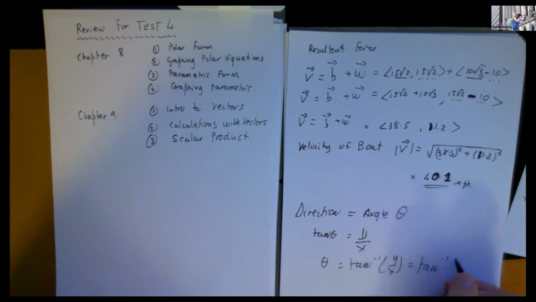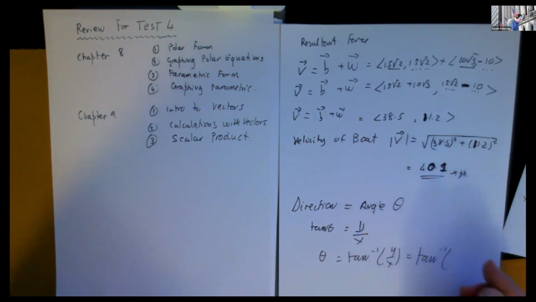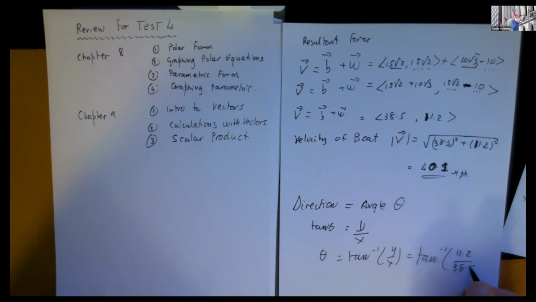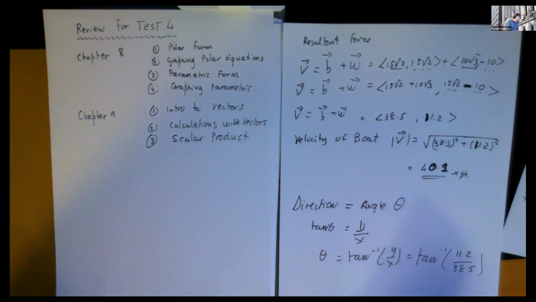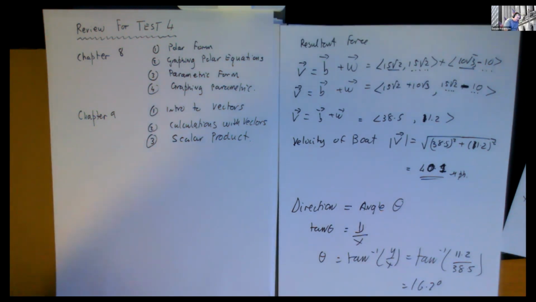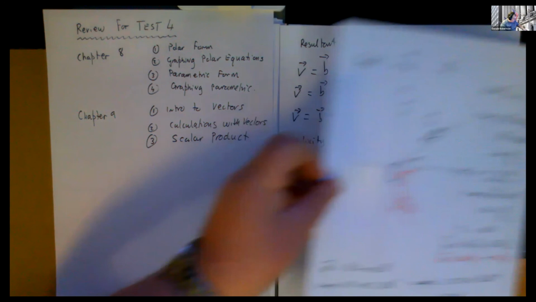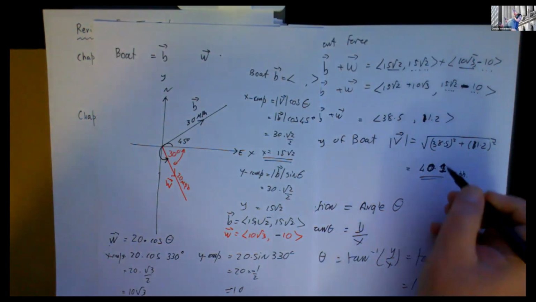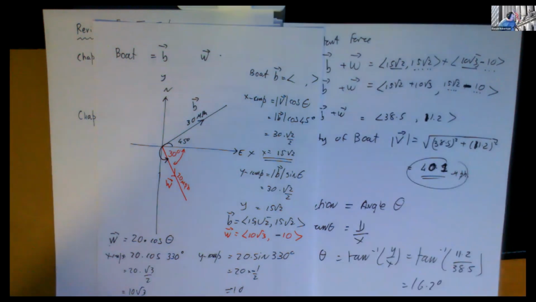So it's the inverse tangent of 11.2 over 38.5, and the inverse tan of 11.2 divided by 38.5 ends up being 16.2 degrees. So let's see if that kind of makes sense in this picture. I'm going to be traveling about 40 miles an hour.